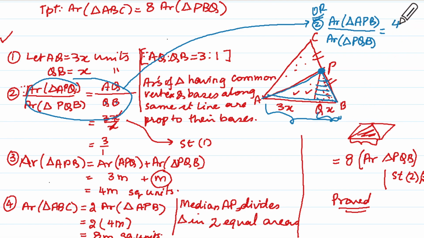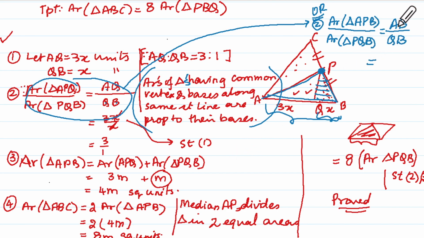Yes. P is common. So I will say, no, sorry. What is this? AB upon QB. And what will I write? The same reason. Read the reason. Areas of triangles having common vertex and bases along same line are proportional to the bases.